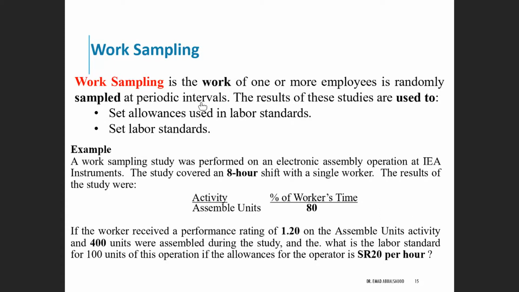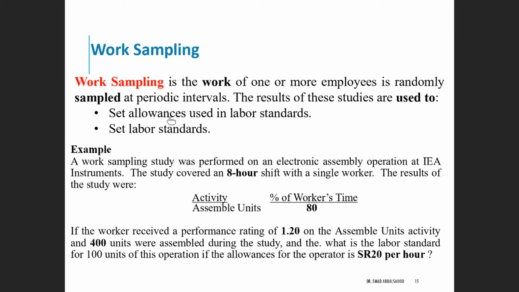For example, they take a sample of the job, how much time the laborer spent to finish it. They go to another laborer randomly on different days, so they can evaluate or find the standard time. That will help them set the labor standard and also set the allowance.